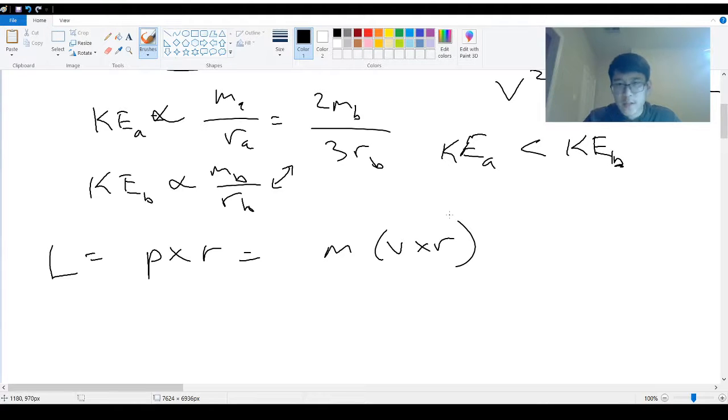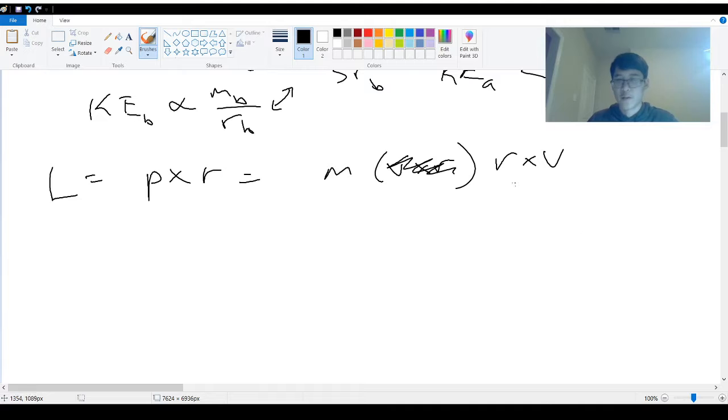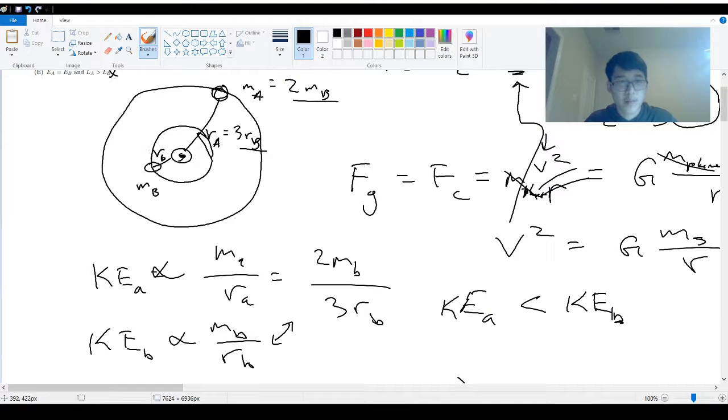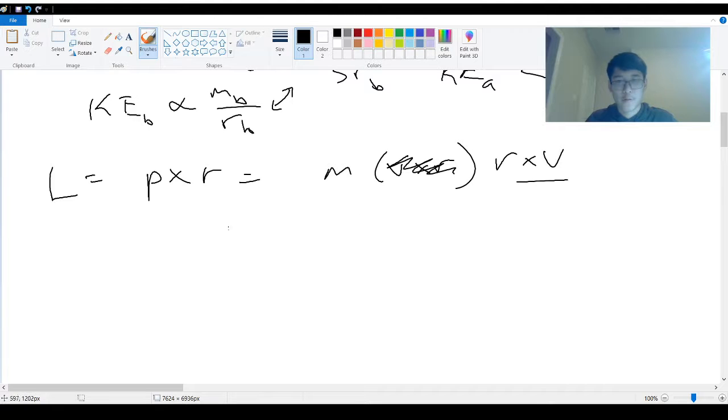So that's my bad, it's actually r cross v, but in this case it doesn't really matter because they are perpendicular at all points anyways. Remember, that's what cross product means, so you're just looking at the perpendicular component. So that's equal to m r v, okay?